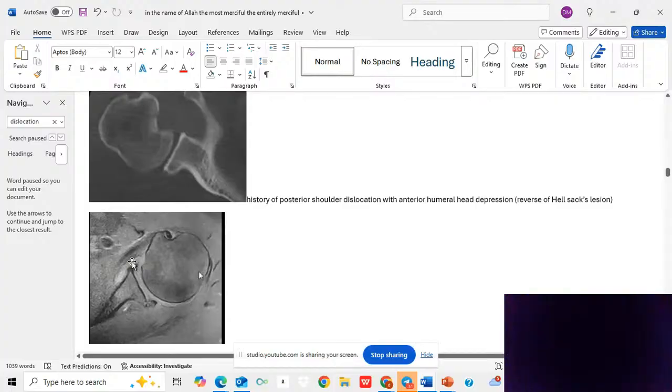The Bankart should be anterior. So when you see the Bankart posteriorly, it is a reverse of Bankart lesion or posterior Bankart lesion.